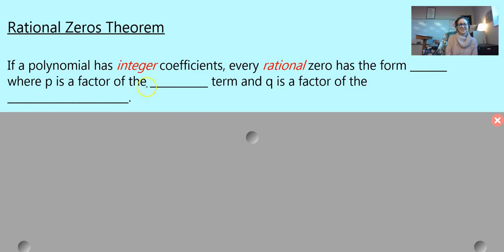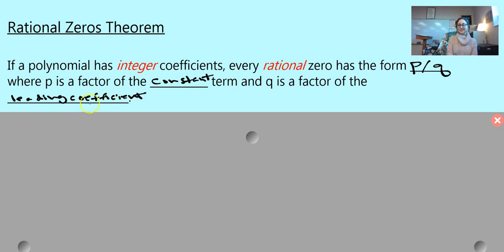All right, so the rational zeros theorem says that if a polynomial has integer coefficients, like negative 3, 0, 1, 7, every rational zero, so that's any real number you can write as a fraction, has the form p divided by q, where p is a factor of the constant term, and q is a factor of the leading coefficient.